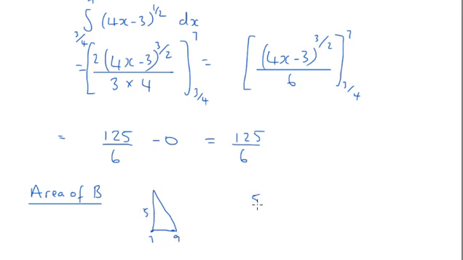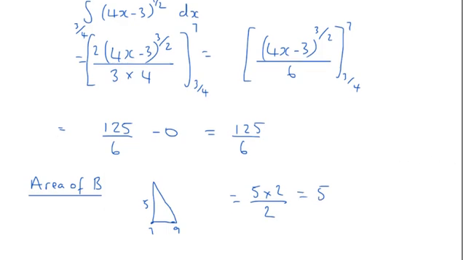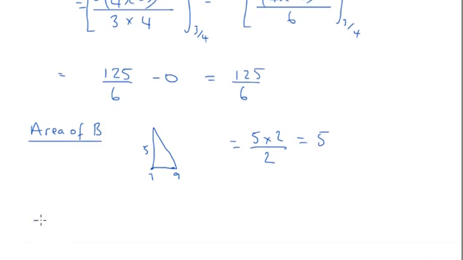So we've got 5 times 2 over 2, which is 5. So then the total area of the shaded region is going to be 125 over 6 plus 5, or plus 30 over 6, which is 155 over 6.